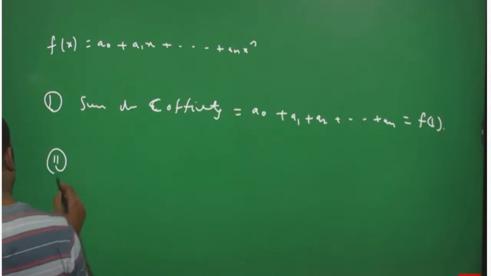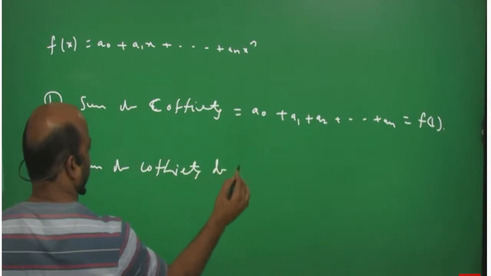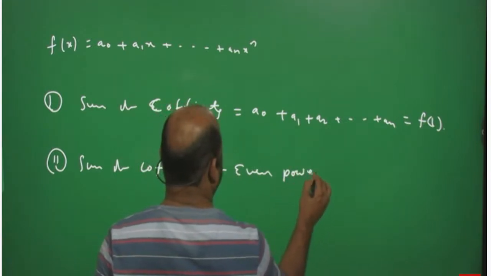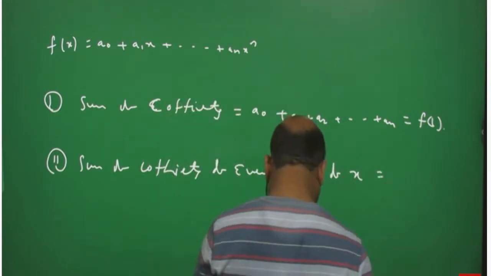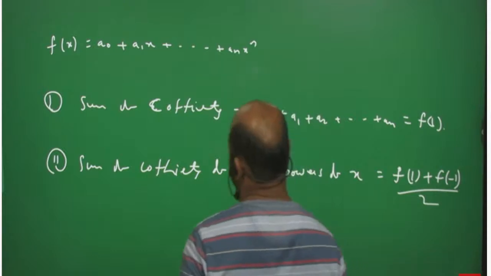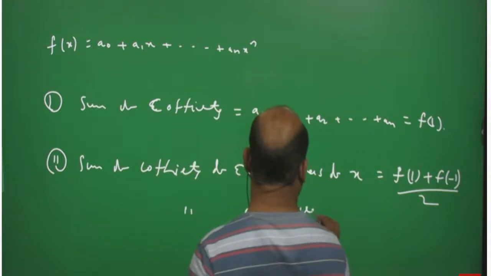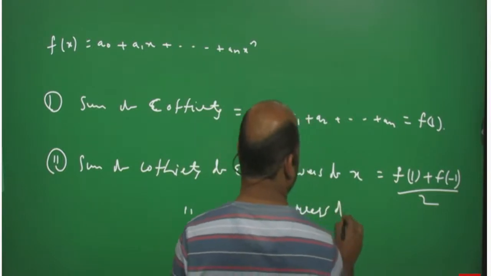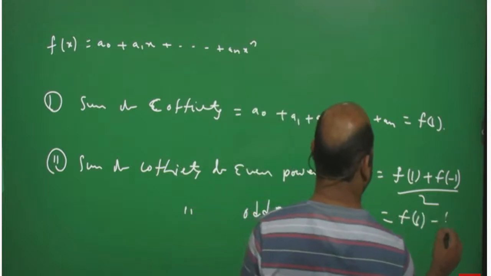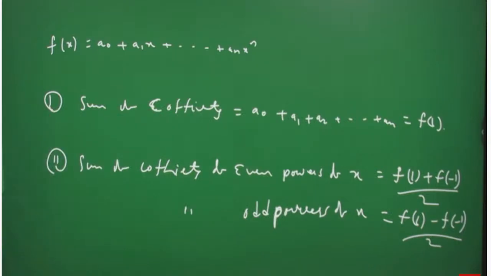Sum of coefficients of even powers of x is equal to just add f of 1 with f of minus 1, divided by 2. Similar thing, but for odd powers, just subtract it: f of 1 minus f of minus 1, by 2. Clear?